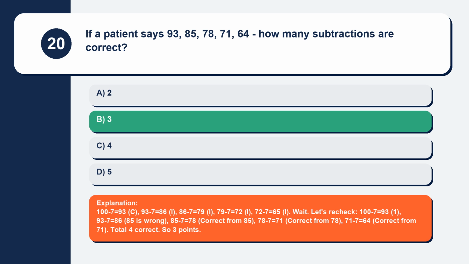Wait, let's recheck. 100-7 equals 93, correct. 93-7 equals 86, 85 is wrong. 85-7 equals 78, correct from 85. 78-7 equals 71, correct from 78. 71-7 equals 64, correct from 71. Total 4 correct. So 3 points.